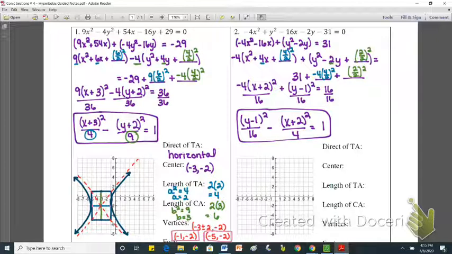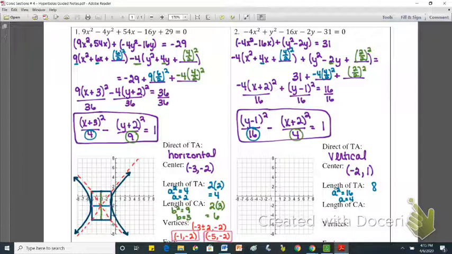So from here, since my y is first, the direction of my transverse axis will be vertical. My center will be at negative 2 with the x, and the y is 1. So let's look at our a value. I know a squared equals 16. A therefore equals 4. So the length of it is 2 times 4, which is 8.